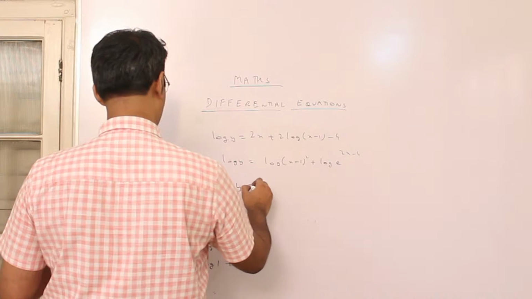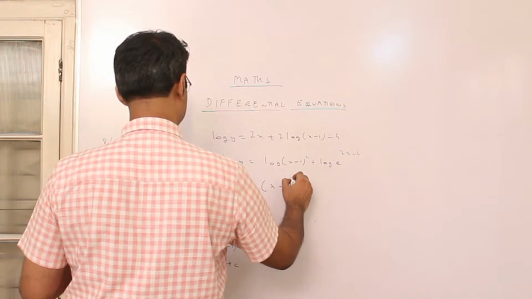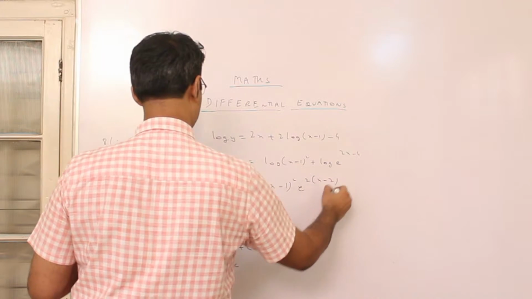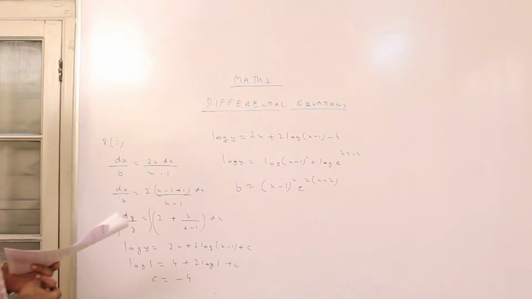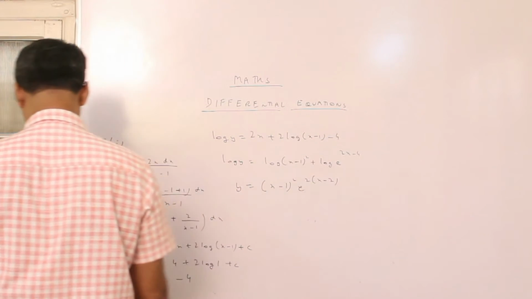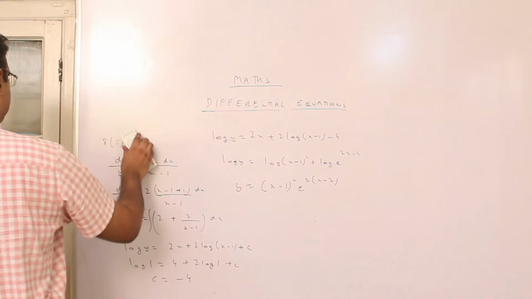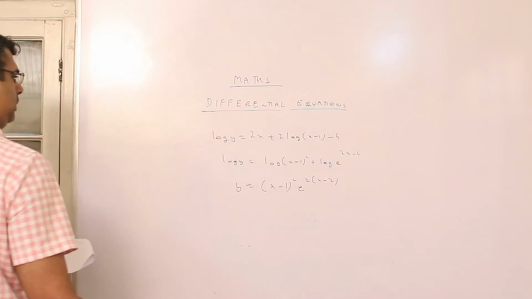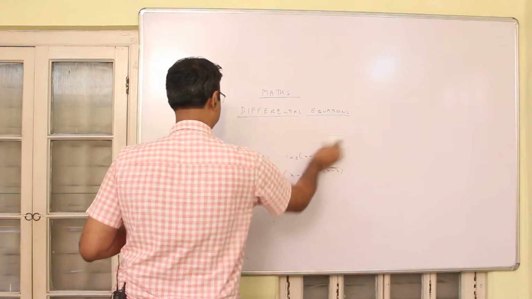Now you can take log common, so the answer will come: y is equal to x minus 1 whole square into e to the power 2 into x minus 2. So this is the way to do separation of variables, and we have seen 2 examples of that.